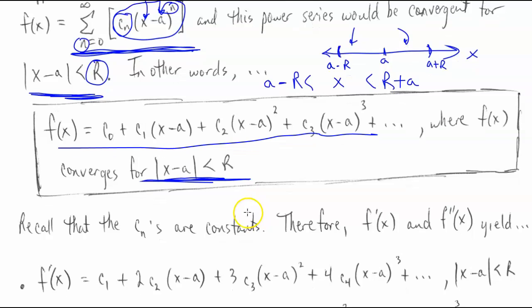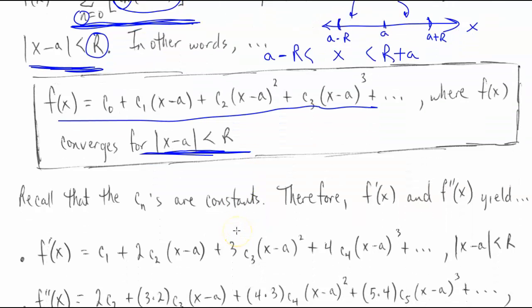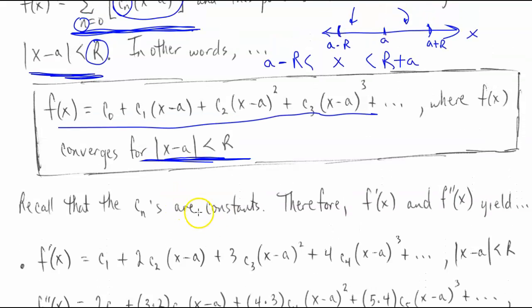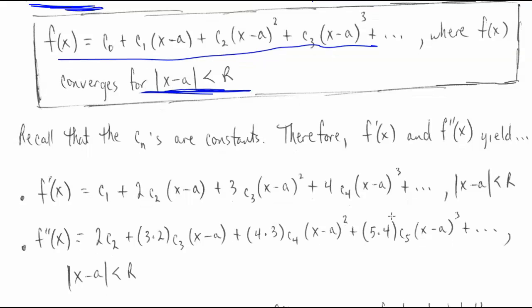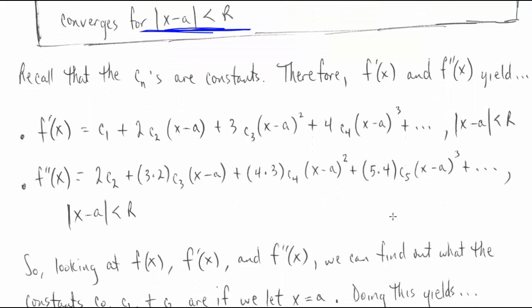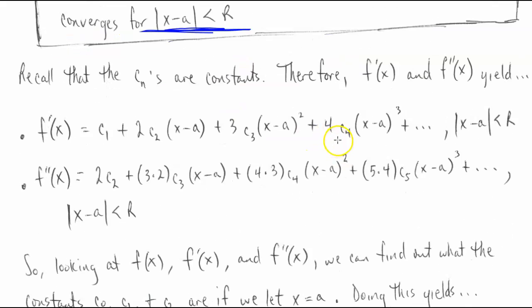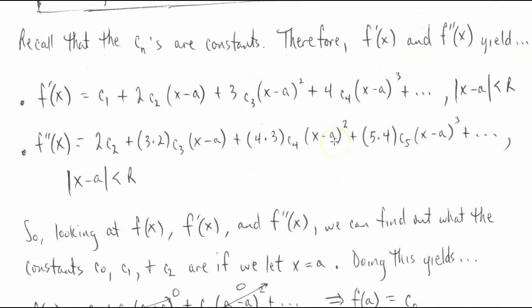Okay. And again, here I just list what's going on with the first and second derivatives. So now I'll scroll down some more and we'll figure out what they are. If we look at our original function and take the first derivative, second derivative, and so on, we see that things start to change.